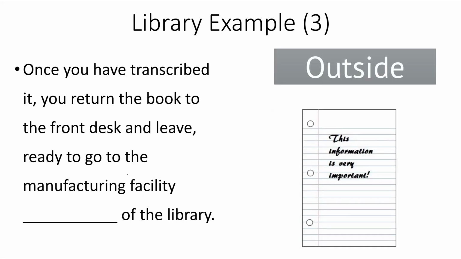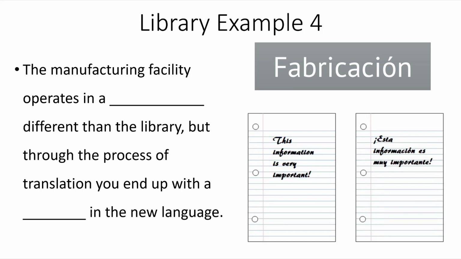Once you have transcribed it or written it down, you return the book to the front desk and leave, ready to go to the manufacturing facility outside of the library. Because those instructions you copied down, those are assembly instructions. Now, the manufacturing facility operates in a language different than the library.